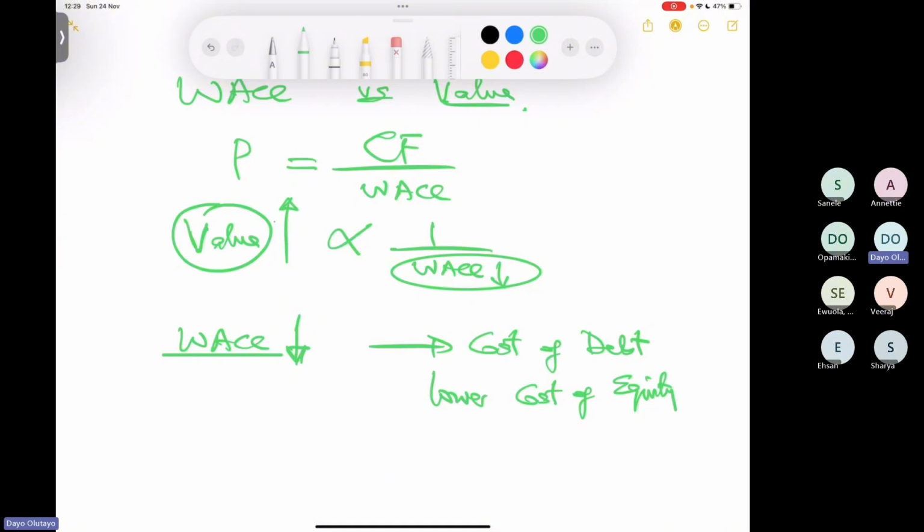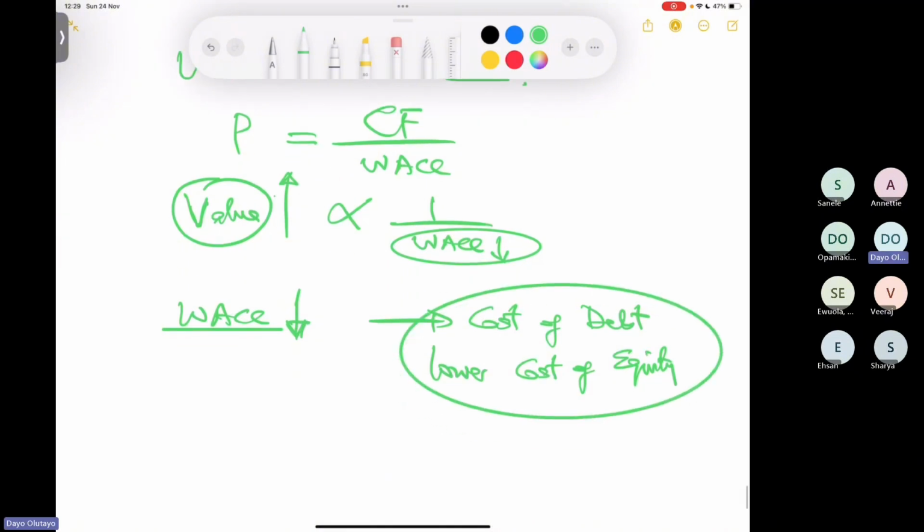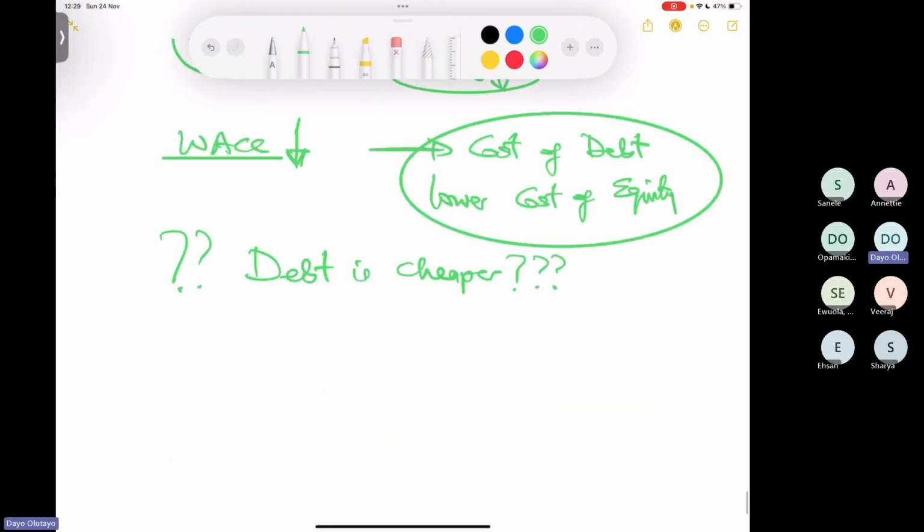Anybody can try. Why do we say this generally speaking that debt is cheaper? Why is debt cheaper? Any try? Who wants to try? Why do we always say debt is cheaper? Yes, go ahead.